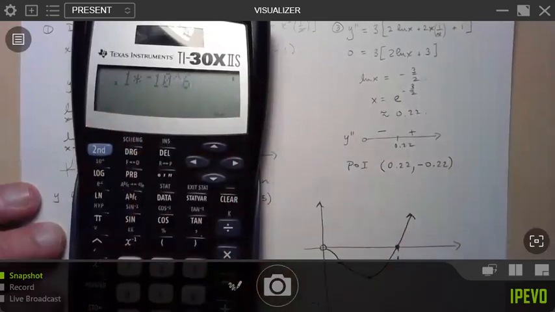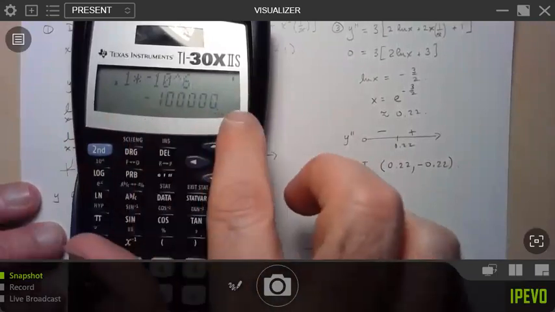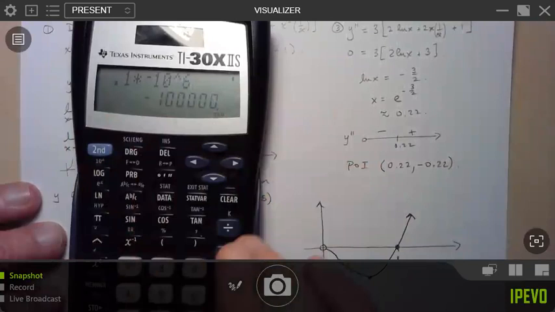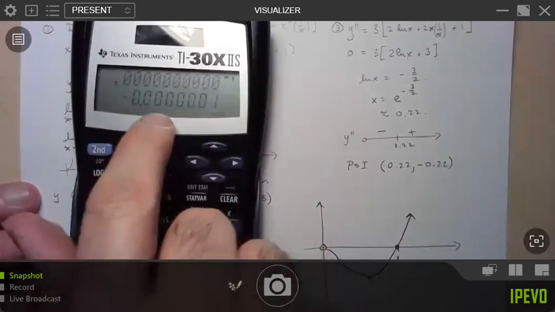Look at that, it's still a very small number going towards infinity. But what if my number close to 0, instead of being 0.1, is 0.00000000001, and I multiply that again by negative 10 to the 6? What happens when I multiply these two numbers? The result is very close to 0.